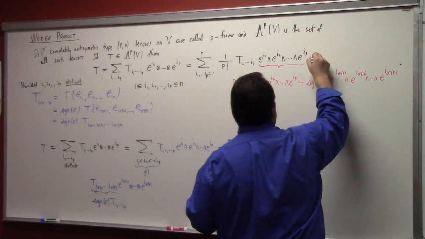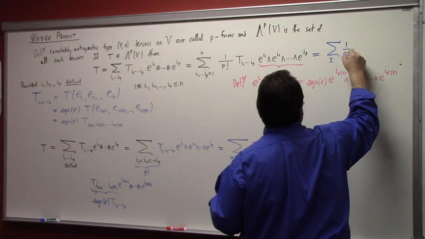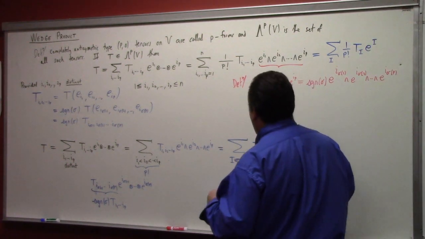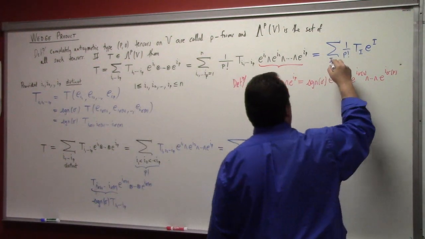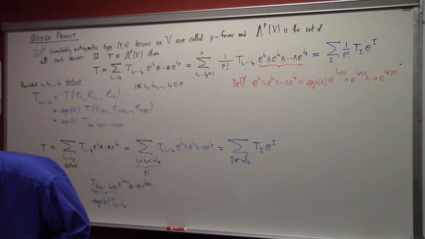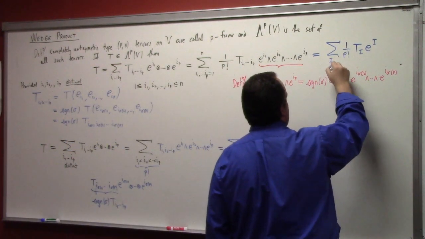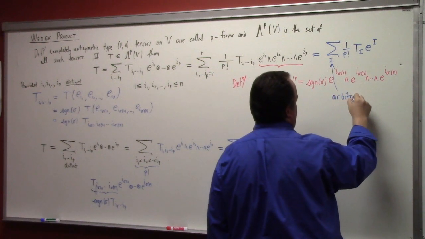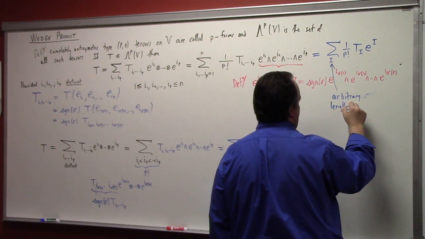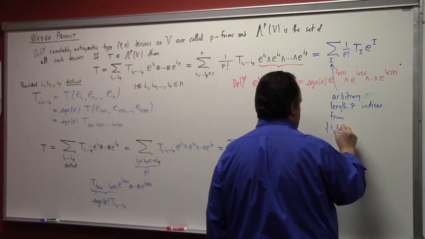Whereas this up here is simply the sum over I of 1 over p factorial T sub I E upper I. So this is just over arbitrary length p indices from 1 to n.